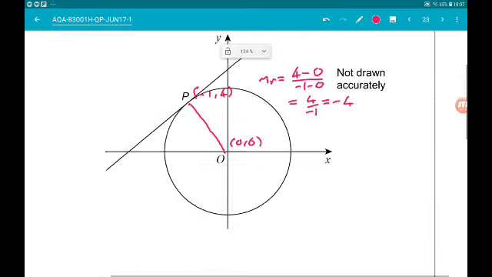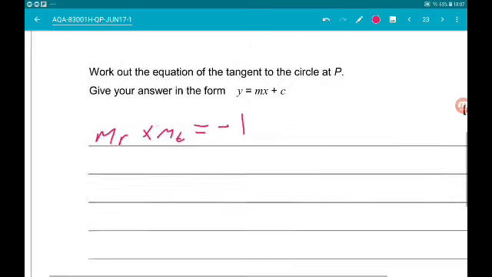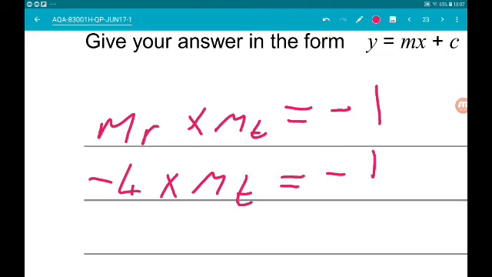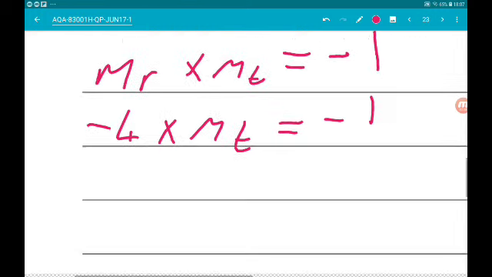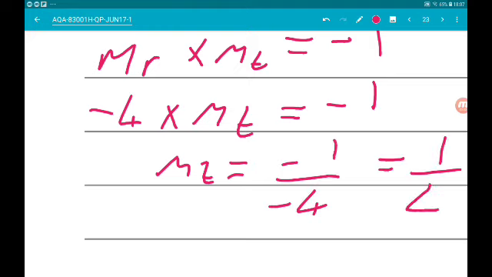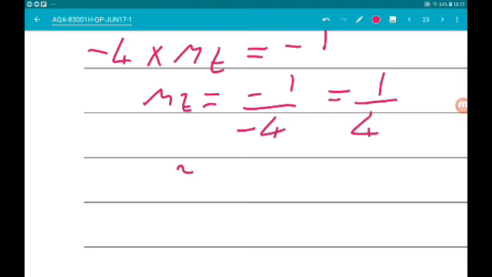So now we know the gradient of the radius is -4. So now we know -4 times the gradient of the tangent is -1. If we divide through by -4, we get gradient of the tangent is -1 over -4, which is positive 1/4. Okay, so from here we use the general equation of a straight line.